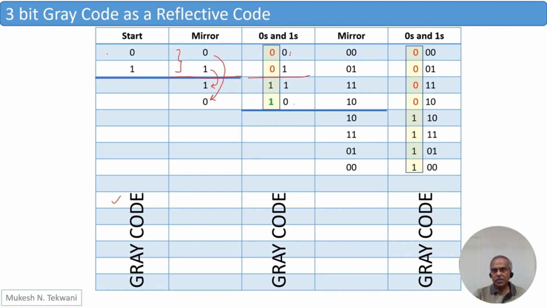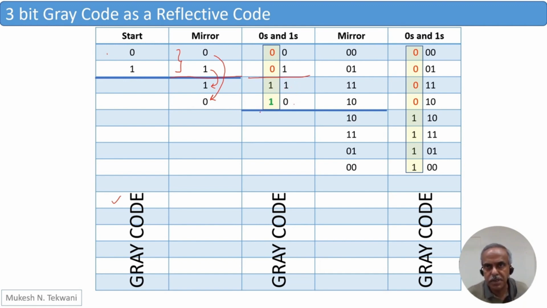You can see that only one bit is changing as we move from here to the next, 0 1 1 1, again this one bit remains the same, but the 0 has changed to a 1. Again 1 1 1 0, we can observe the 1 has changed to a 0, but this one bit remains the same.